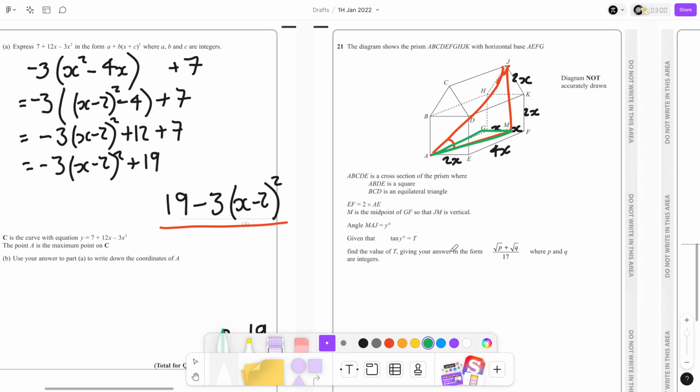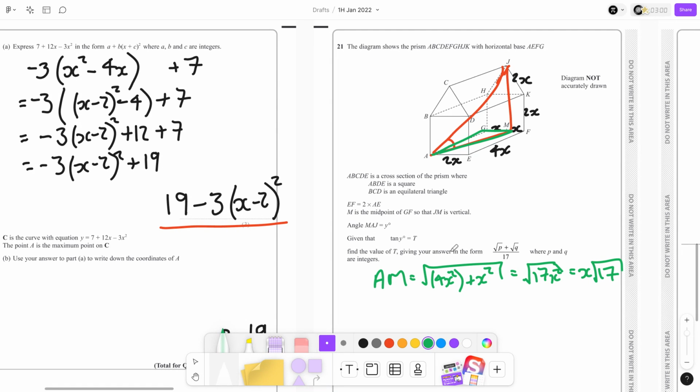So the length AM is the square root of 4x squared plus x squared, which is 17x squared. Which if I take that x squared outside the root, it just becomes x root 17.